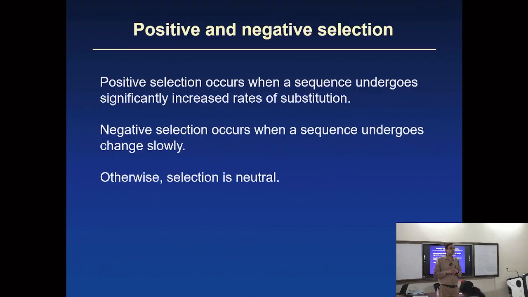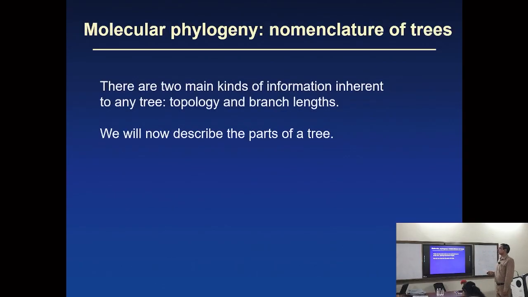On the other hand, there are changes that can result in disruption of proteins, and organisms may die. Those changes will be selected against in the course of evolution. So that is negative selection, okay, and that happens slowly. Otherwise selection is neutral.